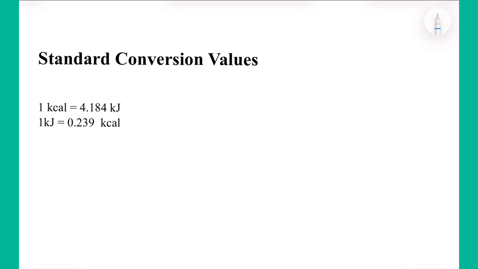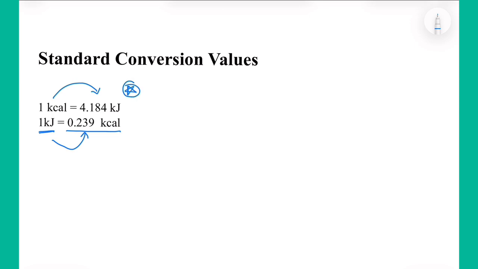As I told you, you have two variations: one is kilocalorie and the second is kilojoule. If you have any data in kilocalorie and want it in kilojoule, you multiply by 4.184. Similarly, if the data is in kilojoule and you want to convert into kcal, then you multiply by 0.239. Let us understand with a simple example, and remember this is an important concept.